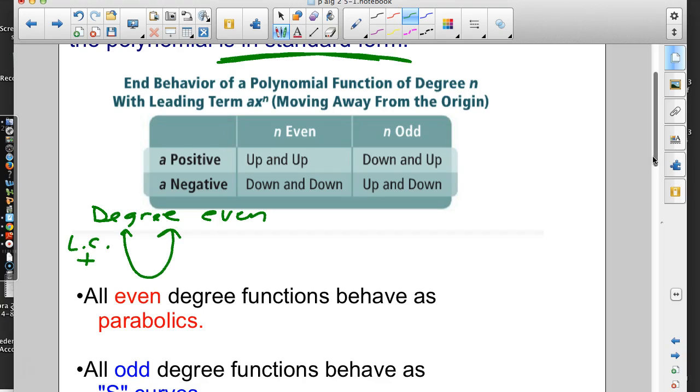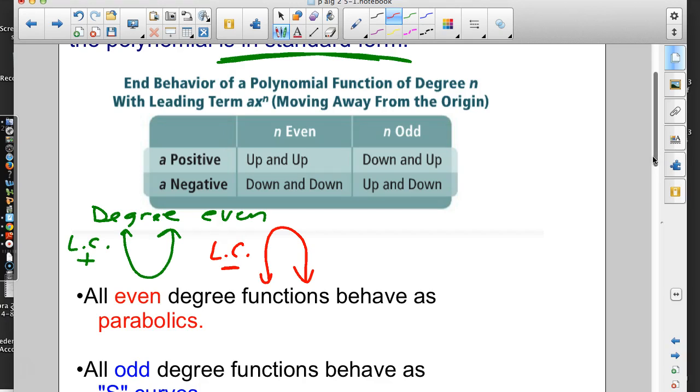And then we would say the limit as x approaches negative infinity, f of x is going to positive infinity, and the limit as x approaches positive infinity is positive infinity. If our leading coefficient is negative, if we make our window big enough, we'll have an upside down looking parabola. So this one would be negative infinity and negative infinity for our two little slots to fill in.